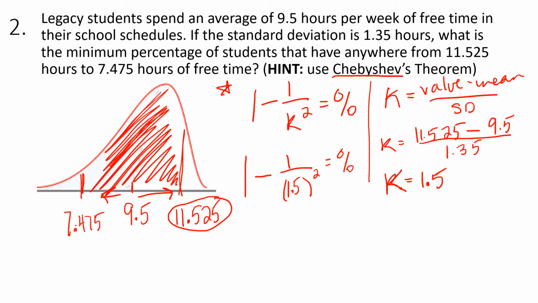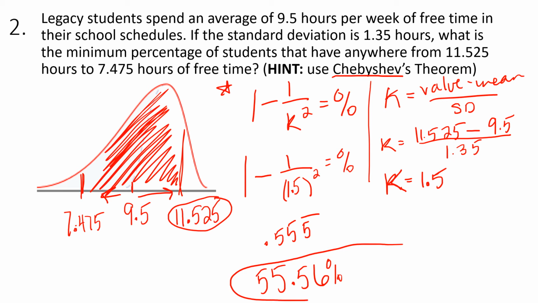So you should get 0.5, if you plug that into your calculator, it should be 0.55555 repeating. So that percentage then is 55.56% of students spend anywhere between 7.5 to 11.5 hours of free time in a given week at Legacy. So about half of you. Huh, that's good to know.